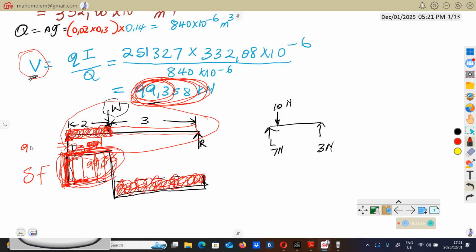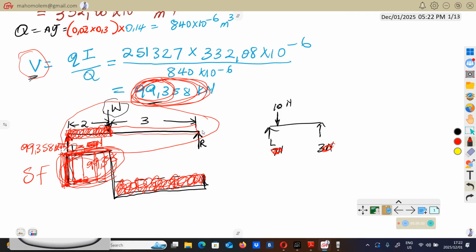The reaction is going to be 99.358. That is the reaction here. So now once we know the reaction, we can find the load.